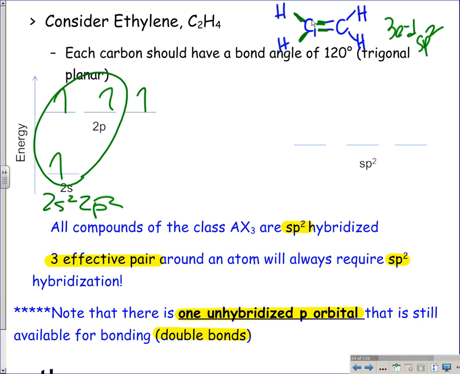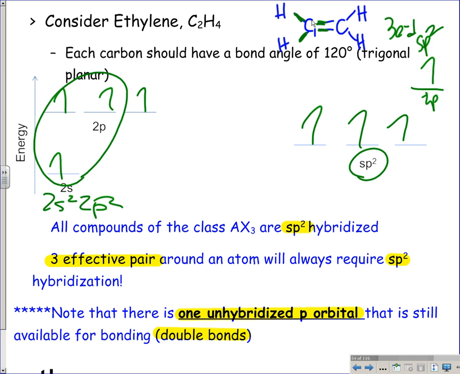We need these 3 atomic orbitals to morph them into their hybrid orbitals, which is why we get 3 of the sp2 hybrids. But then we still have this random high energy 2p orbital that we can work with. We can put electrons there if we need to, and we do need to, because these are what form double and triple bonds.